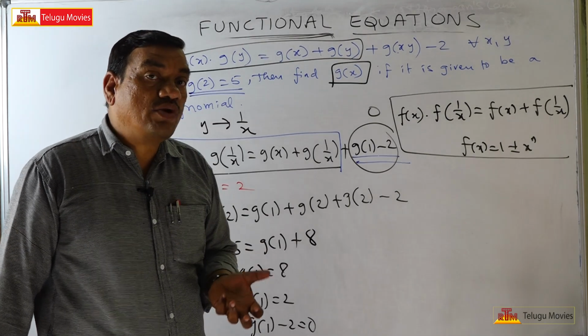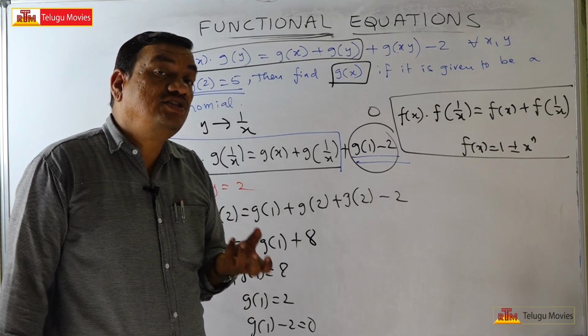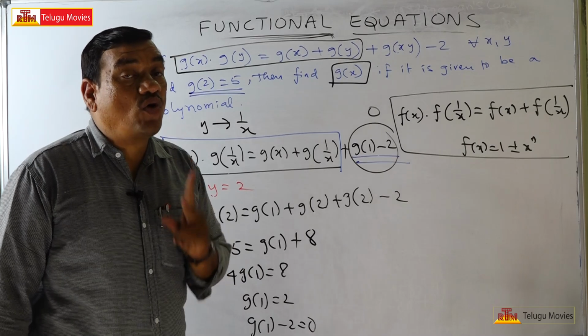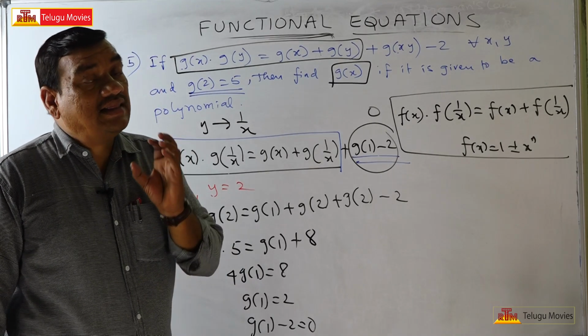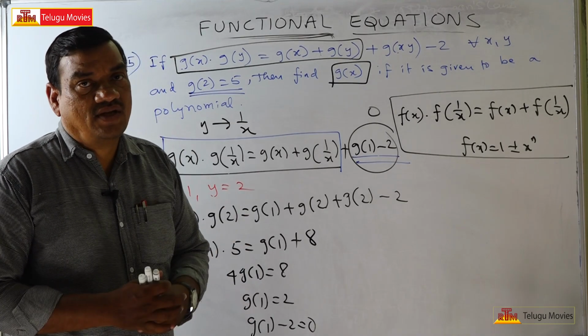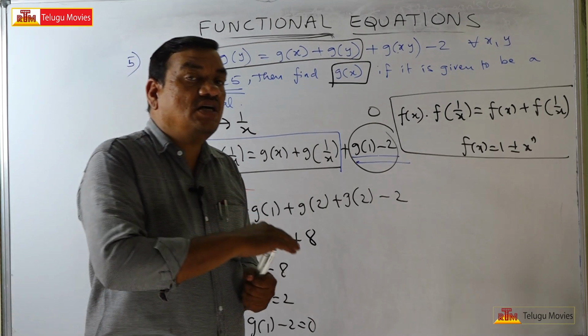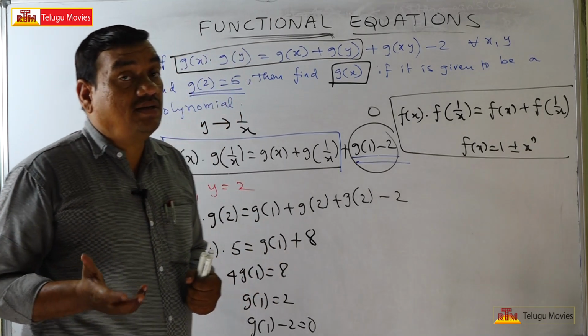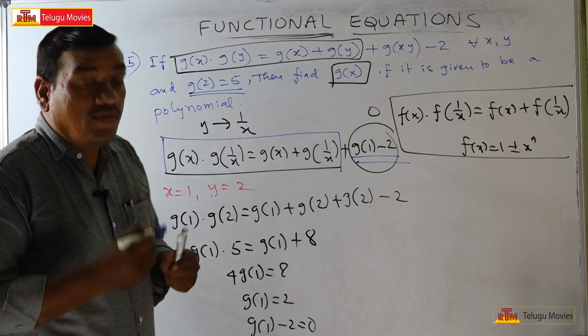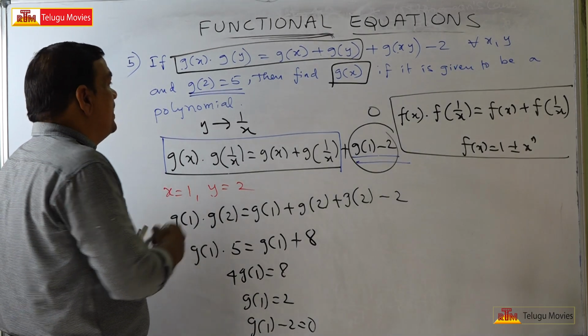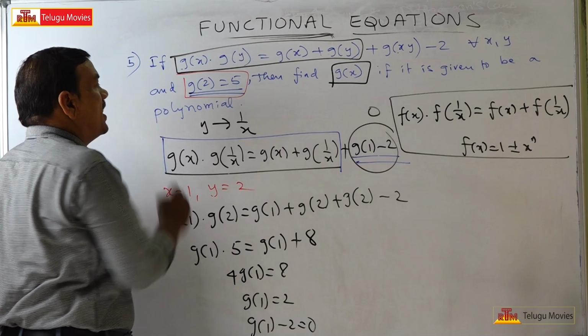So, again you will get two values for g of 1. You will get a quadratic equation in g of 1 and that is a very headache. Again I have to check which is the correct one, which case will fail. To avoid that only he has given g of 2 value.